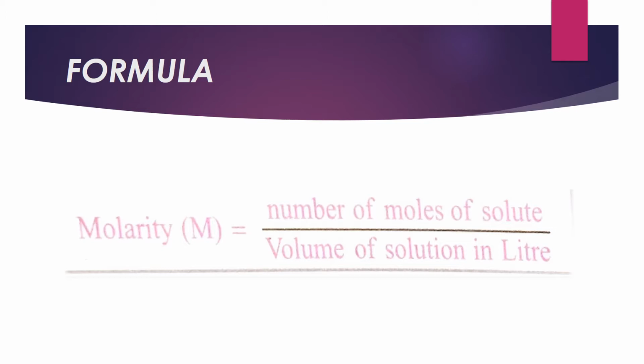When we measure the quantity of solute in moles and divide it by the whole volume of the solution, and the volume of the solution is in liters, then the molarity comes out. So this is the formula for molarity.